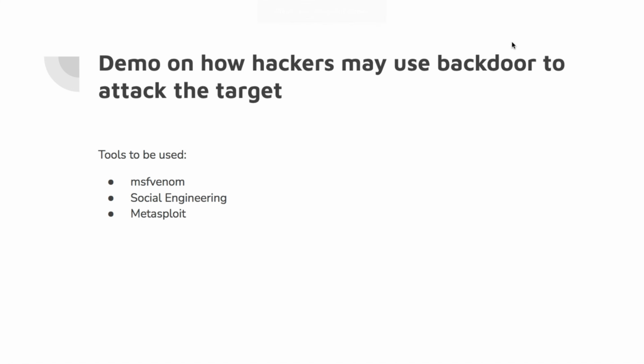Okay, so after we created our backdoor using the Msfvenom command, it's time to do the social engineering. As I've said, there are a lot of ways to achieve the goal, for hackers nowadays are very creative. So one way to do this is, for example, the hacker will pose as the boss of the user.